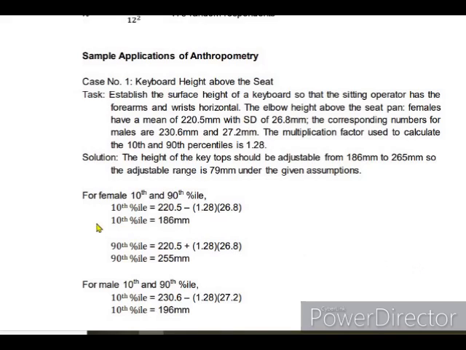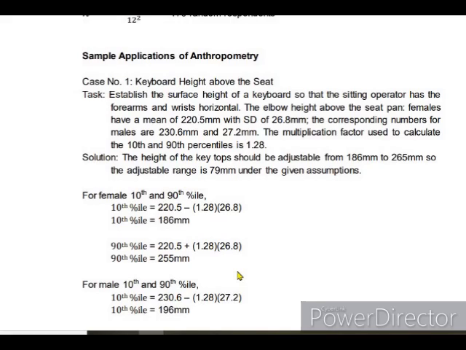Okay, for the female 10th and the 90th percentile, so the 10th percentile is equal to 220.5 minus, we will now multiply the multiplication factor, which is 1.28, with the standard deviation for what? For females. Okay, so we have the 10th percentile at 186 millimeters for female.